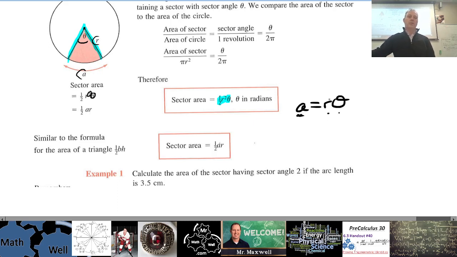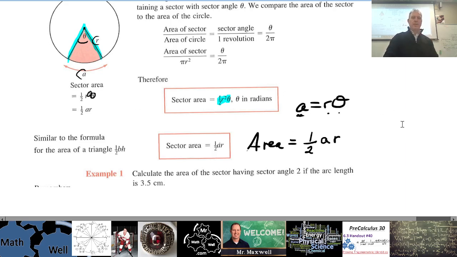That's what we learned in Pre-Cal 30. The sector area is similar to a triangle area, except because you have this curved bottom, it has to be adjusted a little bit. So it's 1/2, and then the base and height are actually the arc length and the radius. So 1/2 A r is where that comes from.